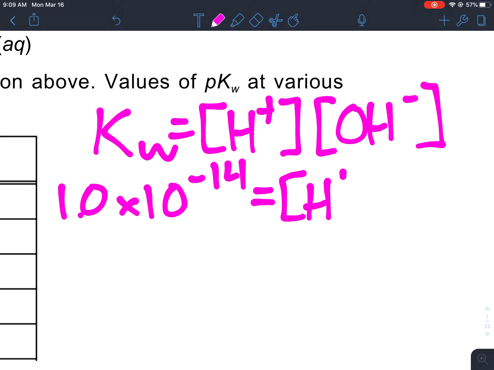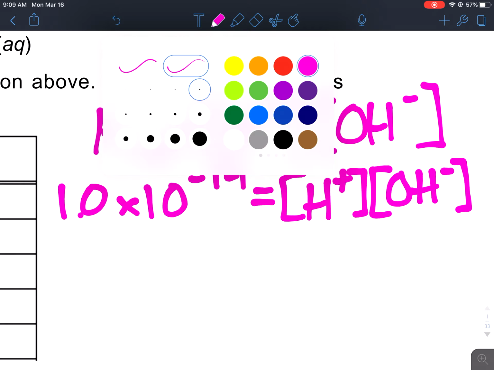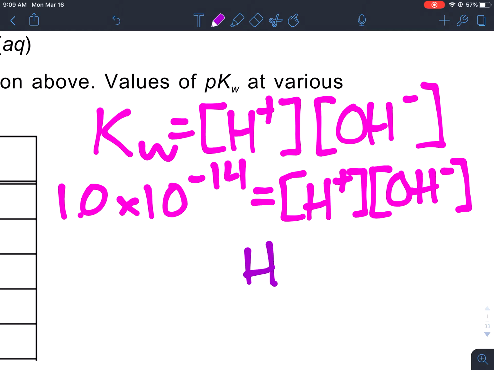See, this H plus and this OH minus equal this thing. But the H plus and the OH minus both come from water, right? Because the water is breaking down into those two substances, H plus and OH minus.